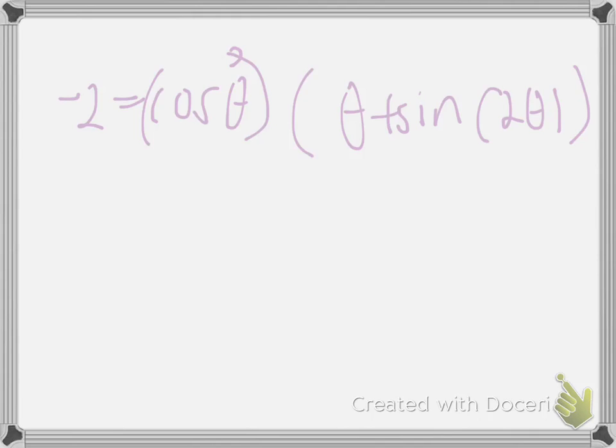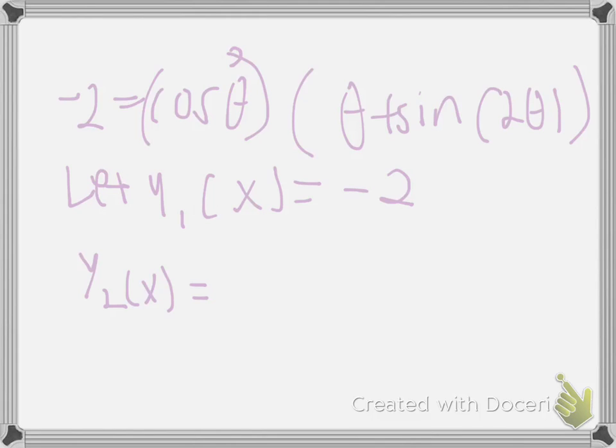Now, all you have to do is let y1 of x equal to -2, and then y2 of x equal to (x plus sine 2x) cosine x.